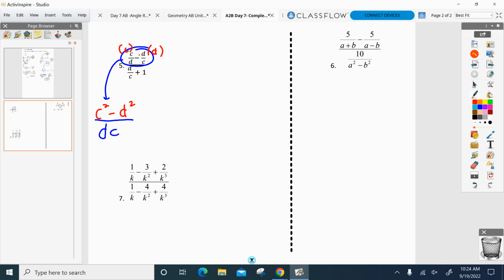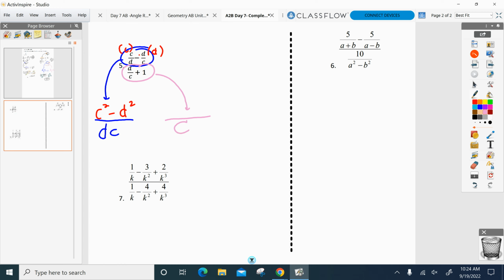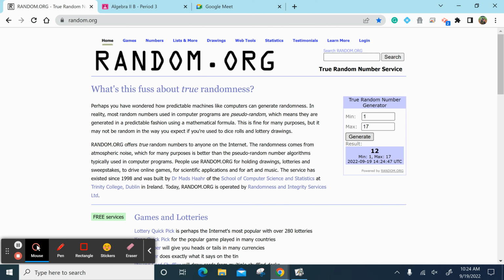We okay working on that? Okay, unfortunately, we got to work on the bottom now too. Give me a common denominator for the bottom of that complex fraction. C, good work. All right, what are we multiplying by here?